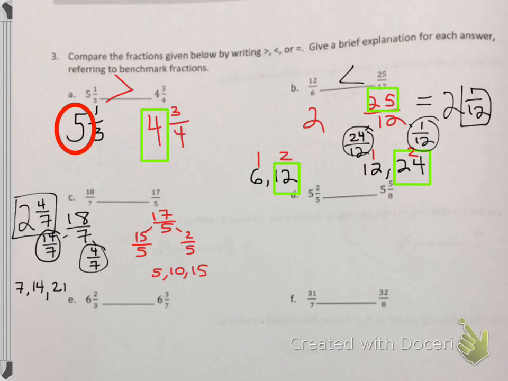So I have 3 whole and 2 fifths. And I know that 3 whole is much larger than 2 whole, so this is my answer. So 17 fifths. And we're just going to keep on doing this over and over and over again.